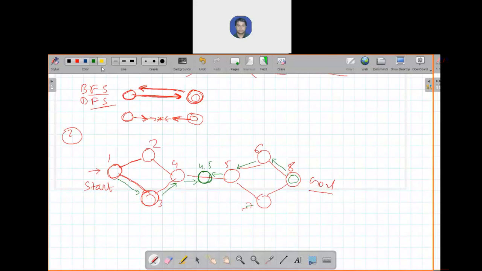Ultimately your goal is to find the path from the initial state to the goal state. So this is the path you followed, whether you call it start to goal or goal to start. Ultimately you find the path from your start state to the goal state. Is it clear?